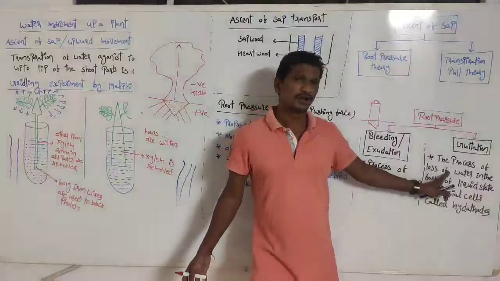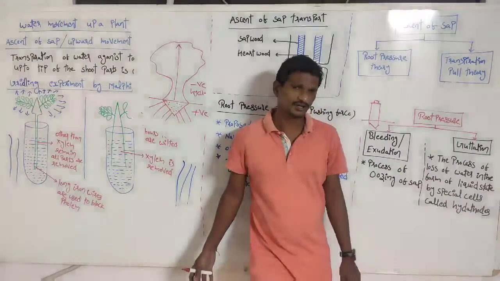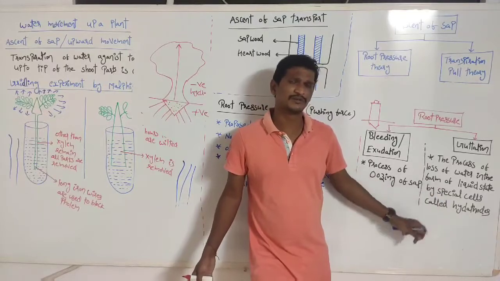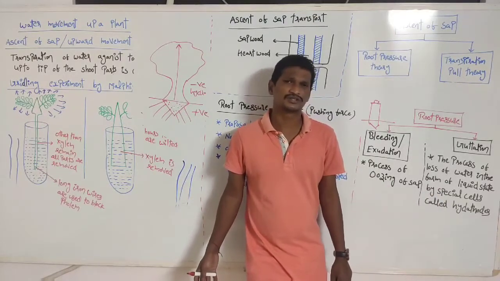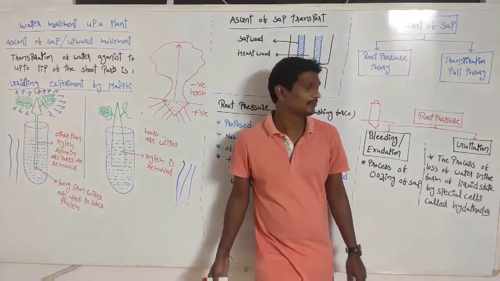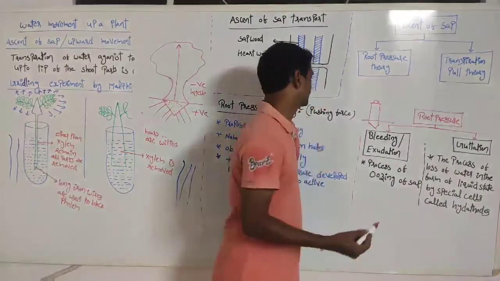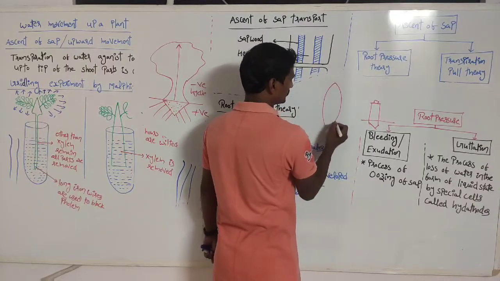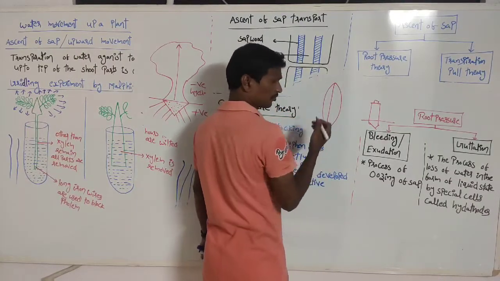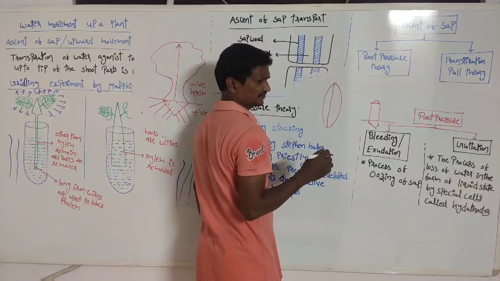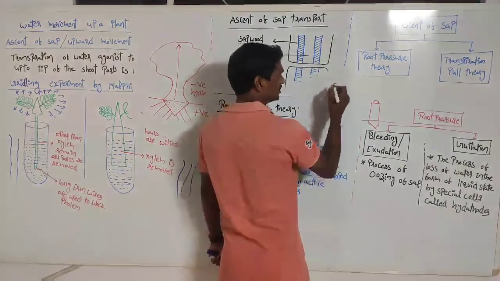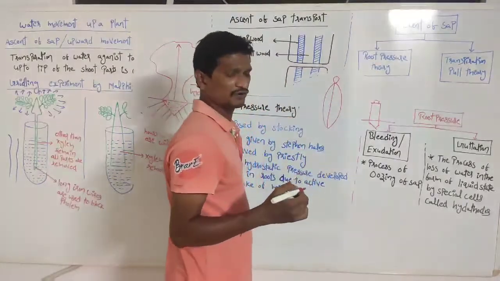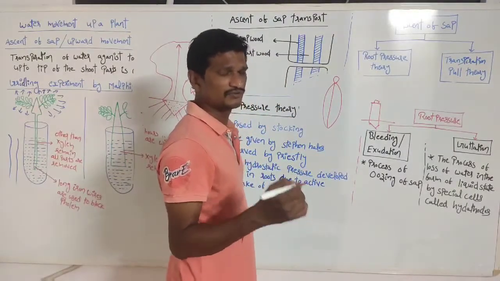Guttation is the process of loss of water in the liquid state. Remember, generally plants lose water in the form of water vapor. But in the guttation process, in leaves, especially monocots or herbaceous plants, the best example is herbaceous plants, the tips of the leaves lose water in the form of liquid state.